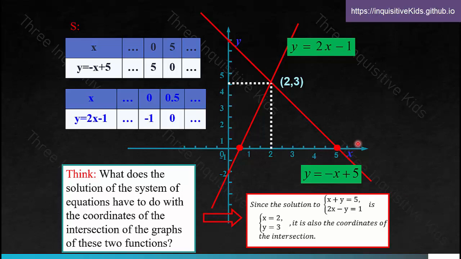So what is the one point that satisfies both this equation and this equation? Well, being straight lines, there is only one, and that is (2, 3). So it makes sense that it's the coordinates of the intersection, because that means it's the only point on this entire Cartesian coordinate system that will satisfy both of these two equations.